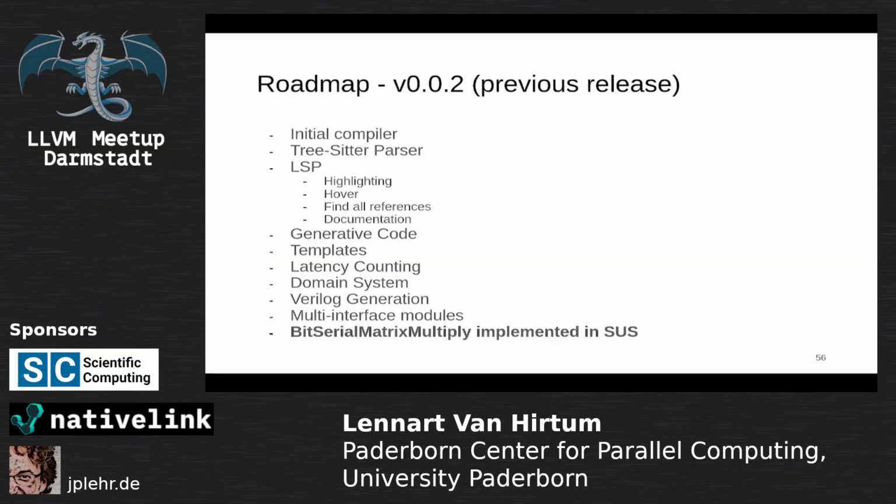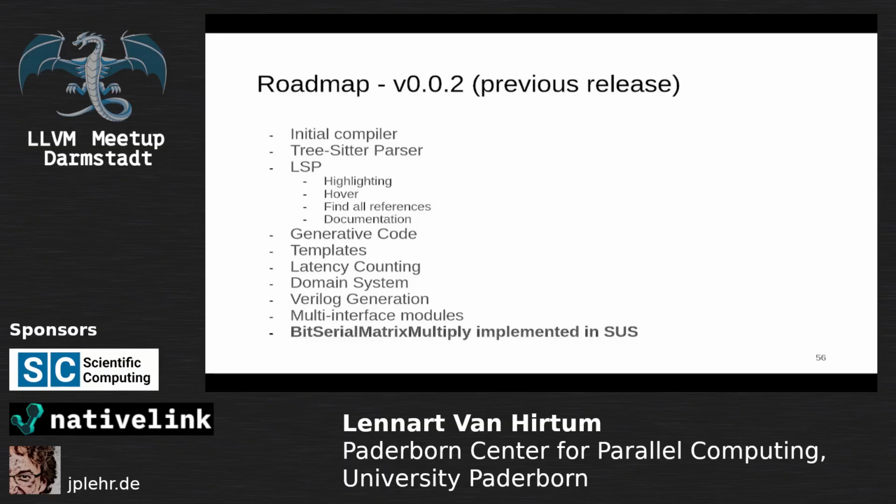The roadmap for SUS: the very first release is 0.0.1, quickly followed by the 0.0.2 release. It was waiting until we could actually implement this bit serial matrix multiply in SUS.